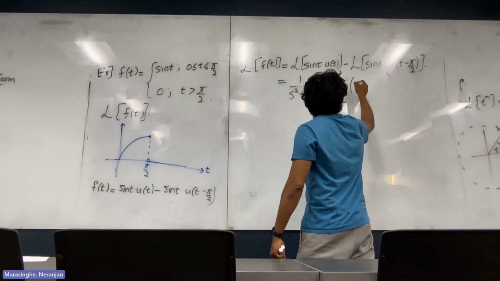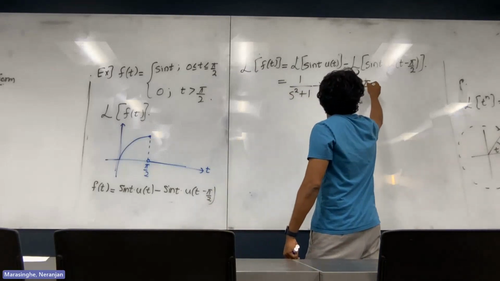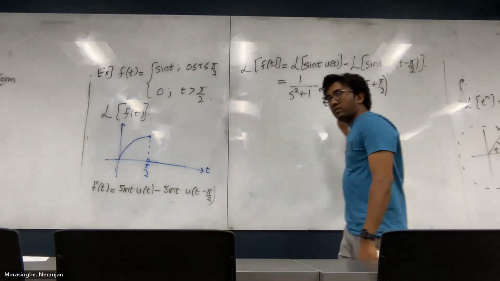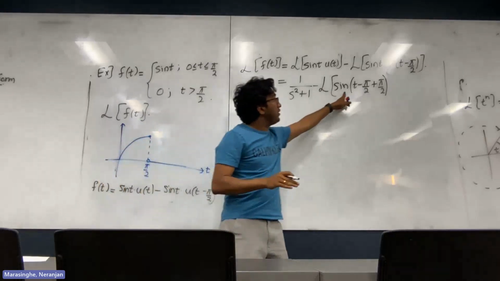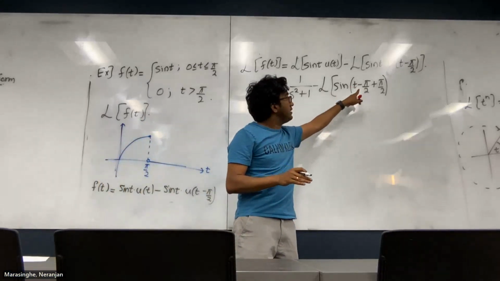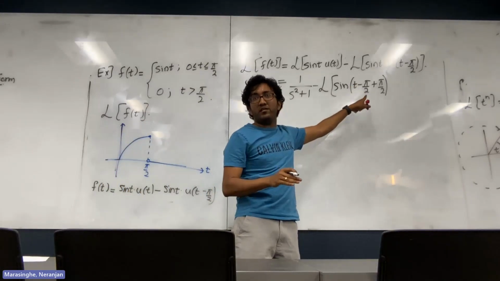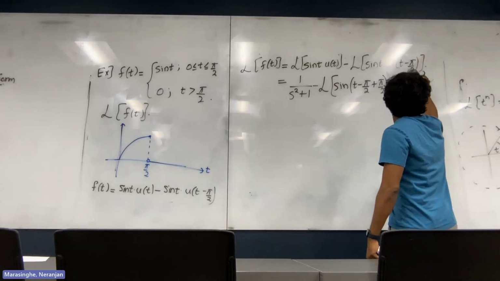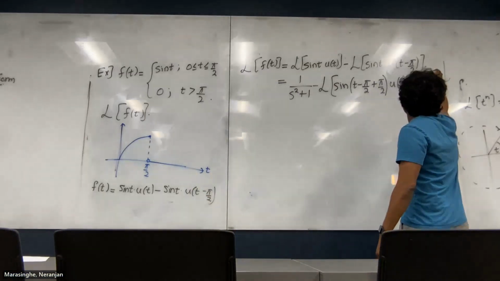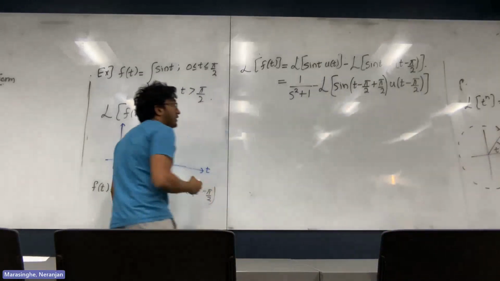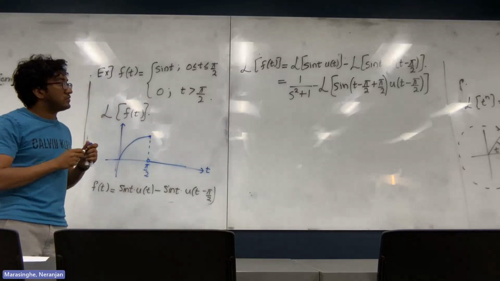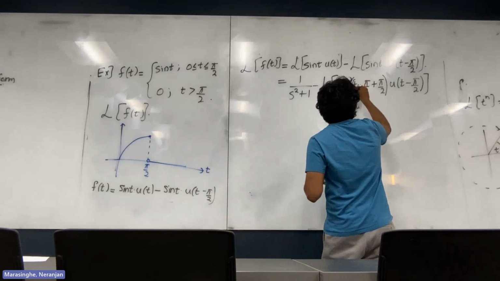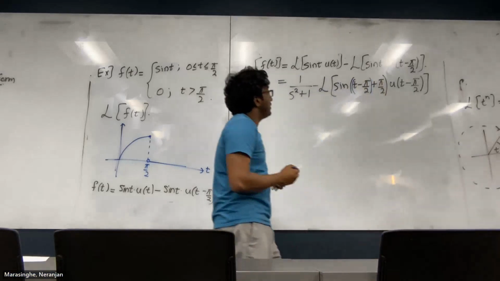So this is what I'm going to do. Instead of sin t, I'm going to write sin of t minus pi divided by 2 plus pi divided by 2. I did not do any harm to my original expression. Still I have sin of t minus pi divided by 2 plus pi divided by 2 times u(t minus pi divided by 2).